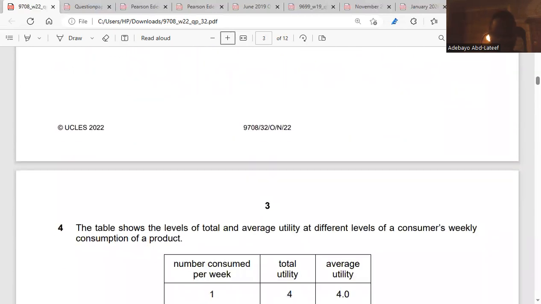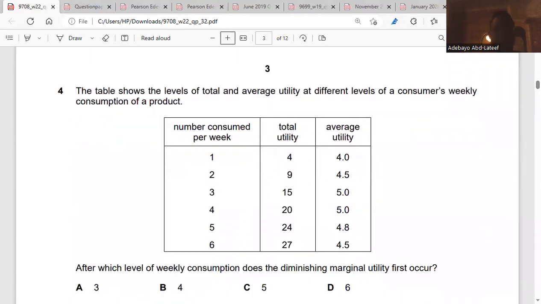Question 4. The table shows the level of total outputs, the total and average utility at different levels of consumers' weekly consumption of a product. After which level of weekly consumption does the diminishing marginal utility first occur? At 1, it was 4 utility and the average was 4.